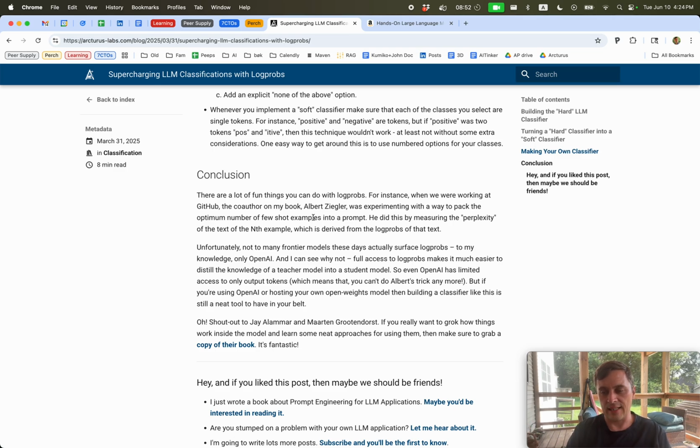But a lot of models aren't even allowing you to do this, and it kind of makes sense. It definitely makes sense because that logprobs data is really juicy data for distilling a model into a submodel. It makes that a much cheaper thing to do. So it makes sense that they're locking it down.